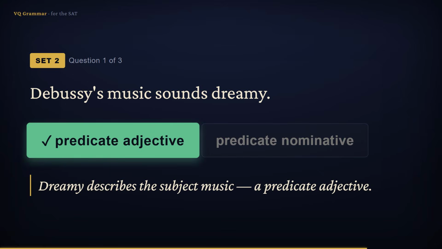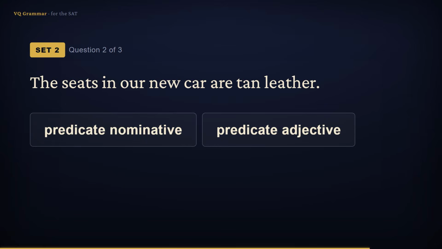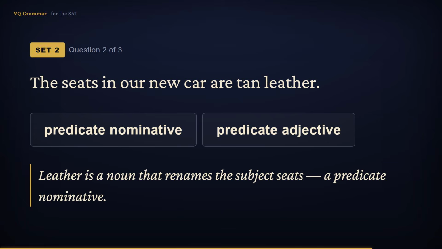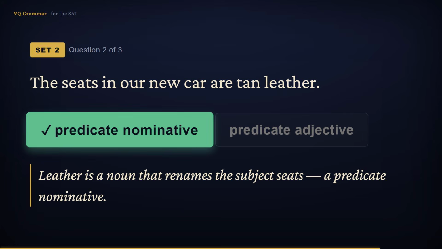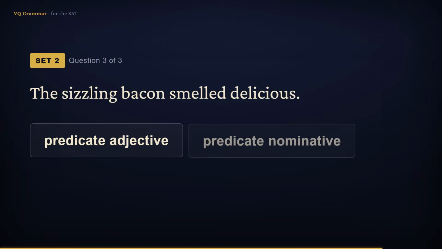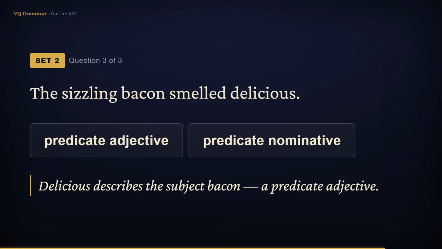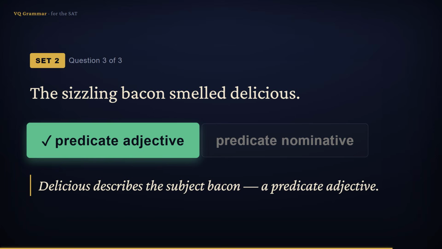So it's a predicate adjective. The seats in our new car are tan leather. Are is linking, and leather is a noun that renames the subject, seats. So it's a predicate nominative. The sizzling bacon smelled delicious. Smelled is linking here, and delicious describes the subject, bacon. So it's a predicate adjective.